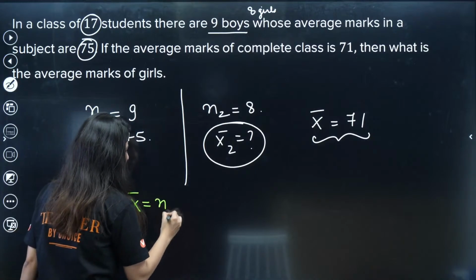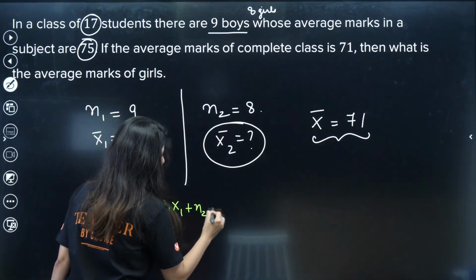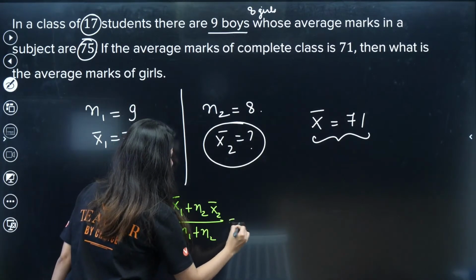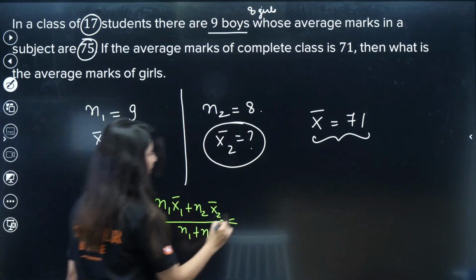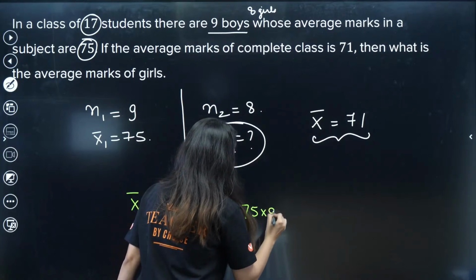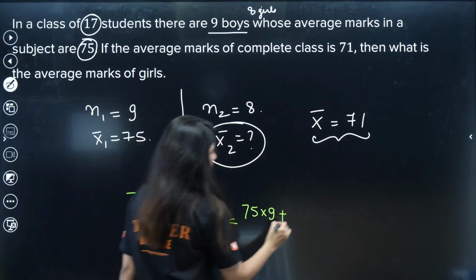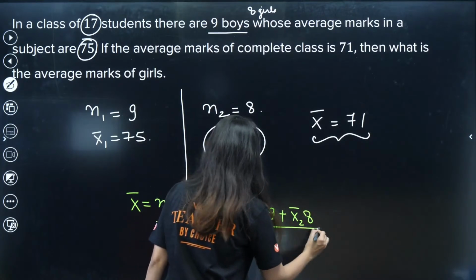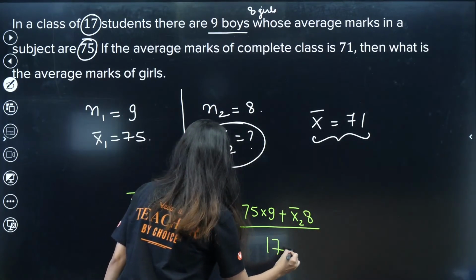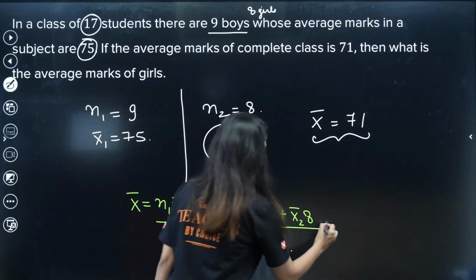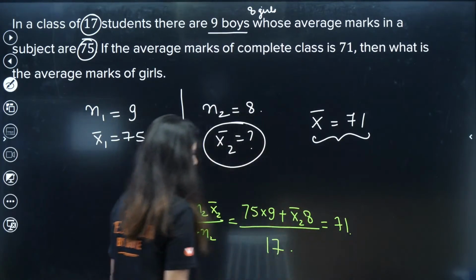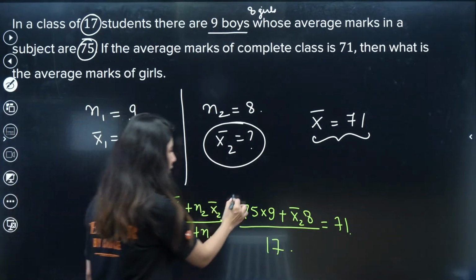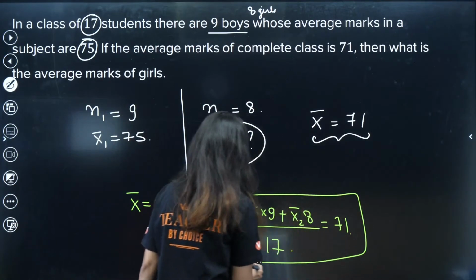X bar is equal to N1 x1 bar plus N2 x2 bar upon N1 plus N2, right? So that would be 75 into 9 plus x2 bar, that's what we need to calculate, into 8 upon 17 students, and this is given as 71, right? What would be the value of x2 bar? Tell me in the chat box.